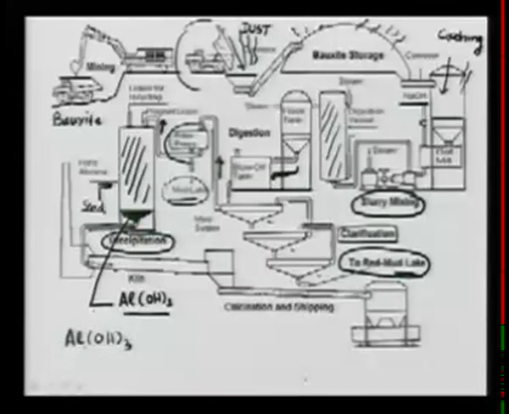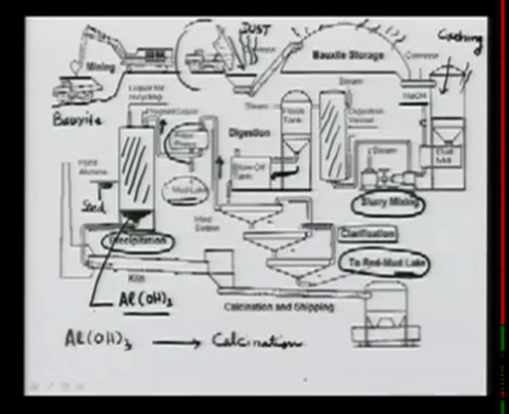So we'll do the same thing, calcination. This may be moist, and aluminum hydroxide is passed through the calcination process. And you see here how the calcination is done.